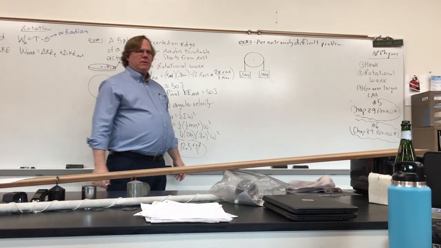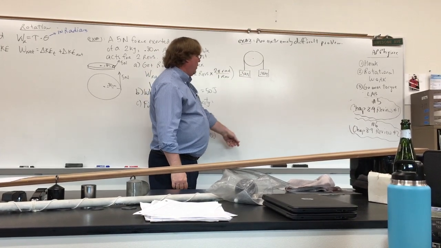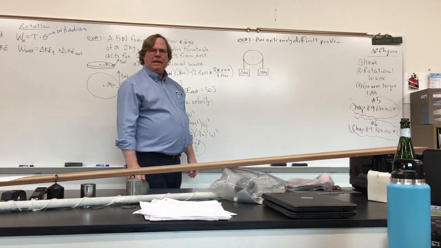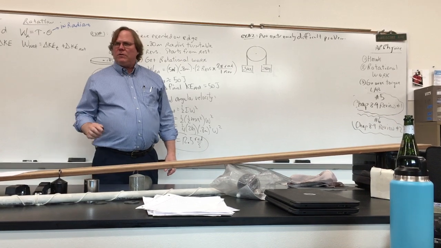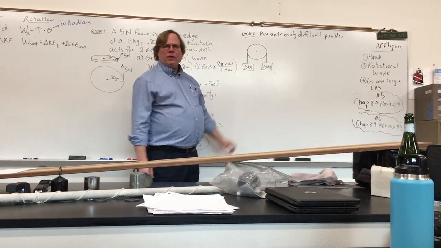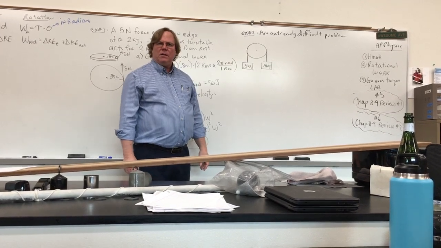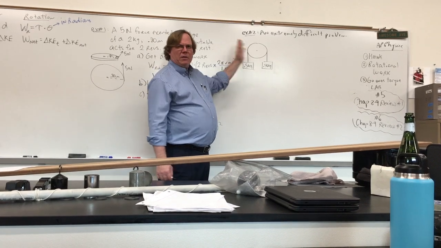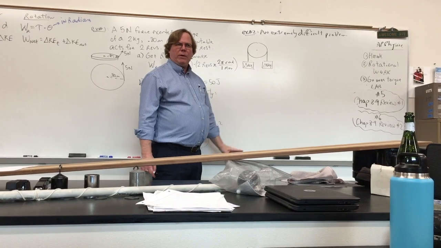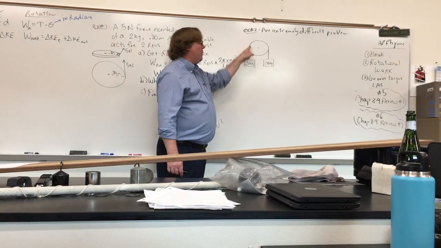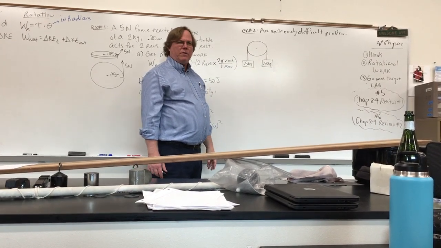Under normal circumstances, I would just let the masses go, and the 0.5 would go down, the 0.46 would go up, and I can calculate what the acceleration of those 2 masses are. But that's only good if the pulley is frictionless and massless. But it turns out this pulley has mass. Because this pulley has mass and thus a moment of inertia, these masses aren't going to fall down or up as quickly as they normally would, because they're having to accelerate this big inertia, this pulley that actually has a moment of inertia.